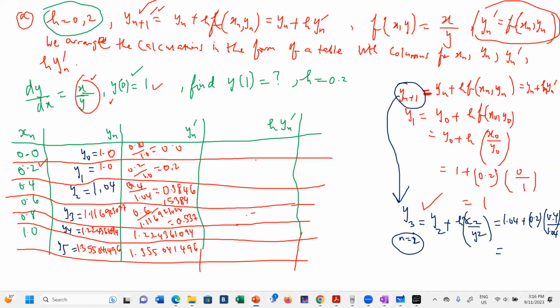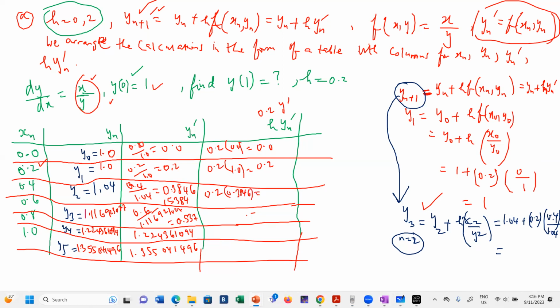And then the next thing is we just multiply. We multiply h, which we know is already 0.2, by the y primed, which comes from here. So here we say 0.2 times 0, which is 0. And then here h is 0.2 for this question, multiplied by y prime, which is 0.2, since 1.0 is just 1. And then you multiply 0.2 by the y primed 0.3846.